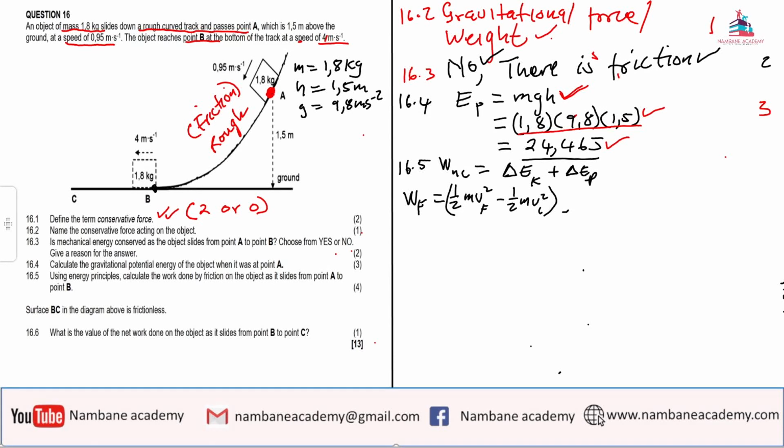This is the first part of the change. Plus mgh final minus mgh initial. That is what this change basically means. So what must one do now? It is just a matter of substituting the information that is given.